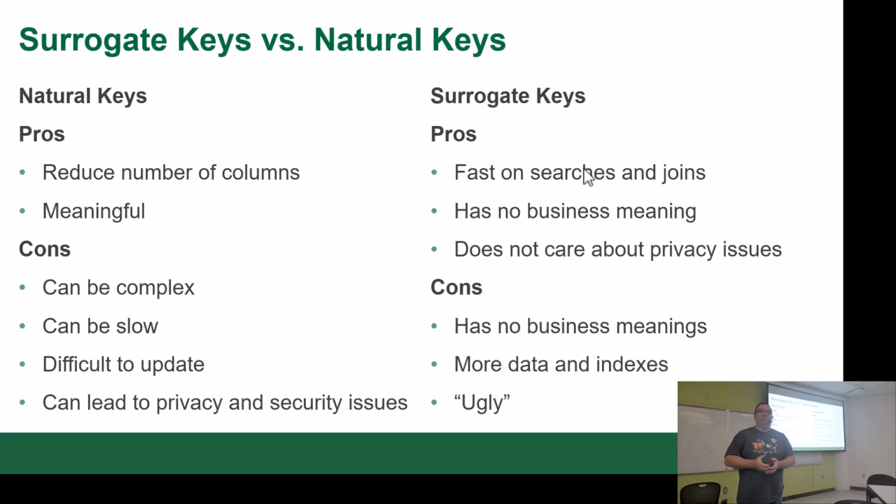Natural keys can be complex because, for example, you can't use a person's name as a key because names get repeated. Depending what part of the world you come from, your name may be repeated many times.